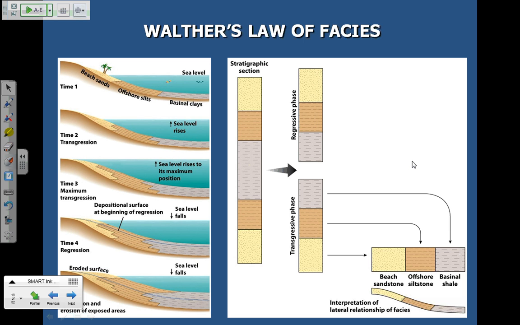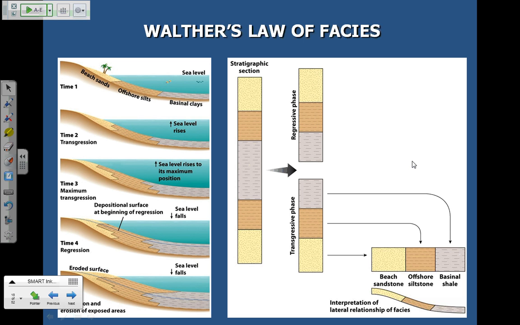Remember this? All we're saying is that as sea level rises in this sequence, our areas where we're depositing here, basinal clays, offshore silts, and then beach sands, those environments, as we increase sea level, are going to move onto the land. And so we're going to get, eventually, this being deposited up here somewhere. So you end up with all these units on top of each other.